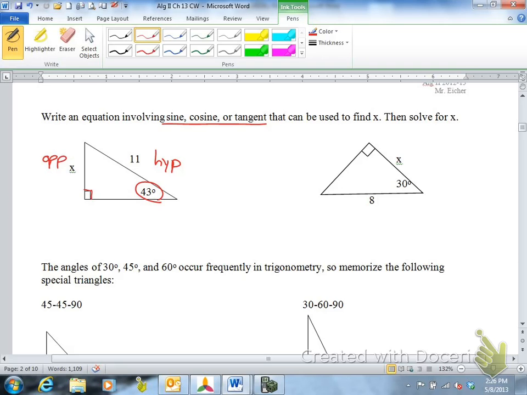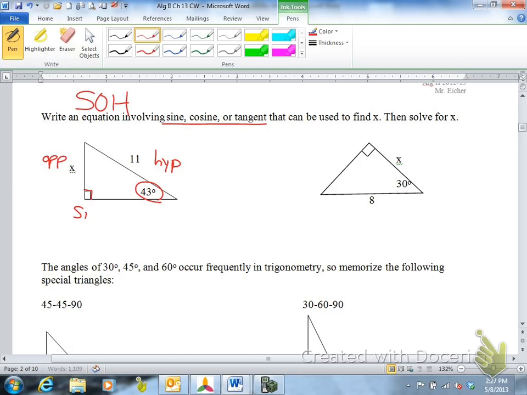So you need to pick sine, cosine, or tangent that has the ratio of opposite and hypotenuse. With the mnemonic, SOH would be the one that you would want to choose.